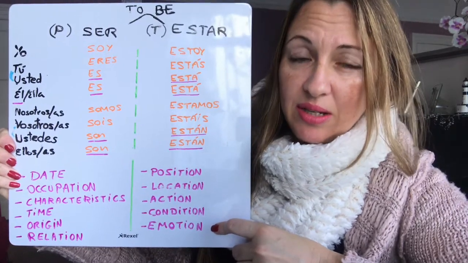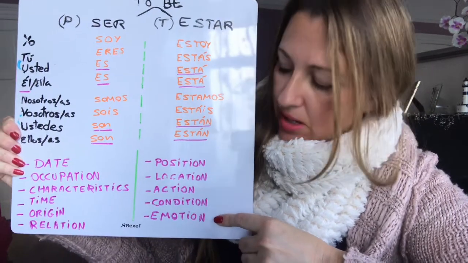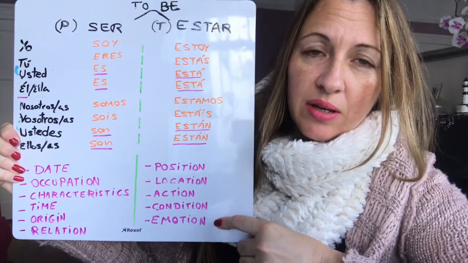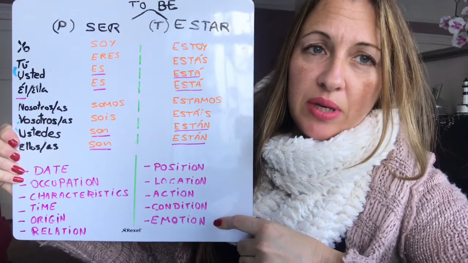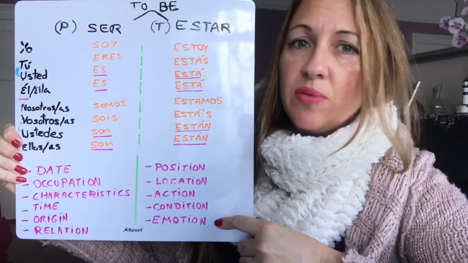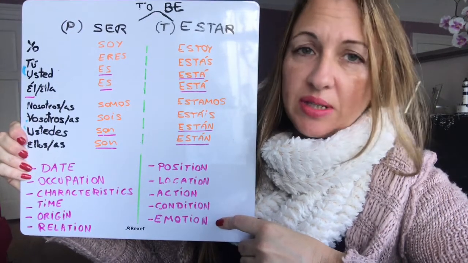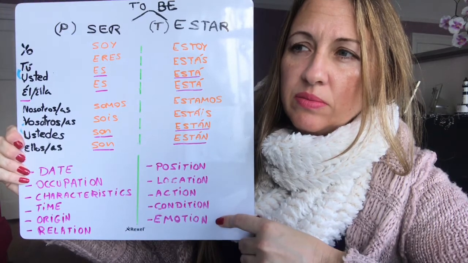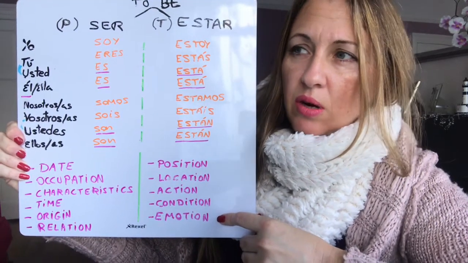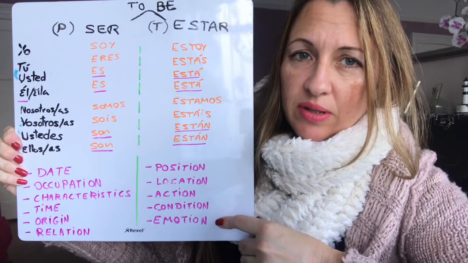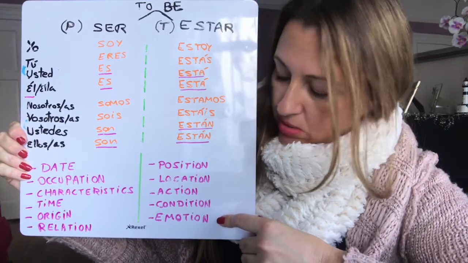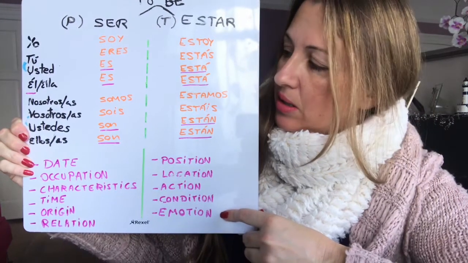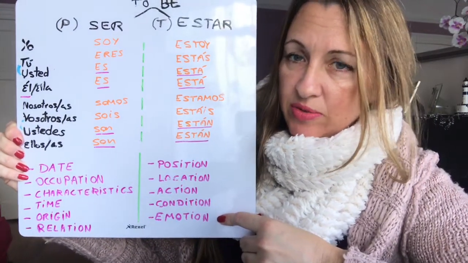Then we could say ser, soy feliz, and also we could say estar, because we could be happy as a consequence of something, like passing an exam, or having met somebody, or lots of different reasons. So that could be a temporary happiness as a result of something, or special happiness as a result of something.